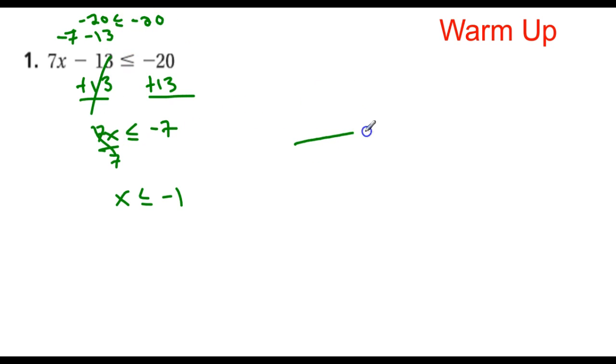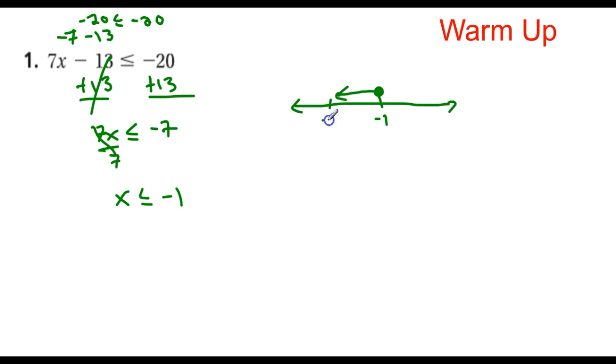Our solutions, if we were to graph them: here's my number line. At negative 1, we're going to include that negative 1, so fill it in solid. And it's any number that goes less than that that will make this inequality a true statement.